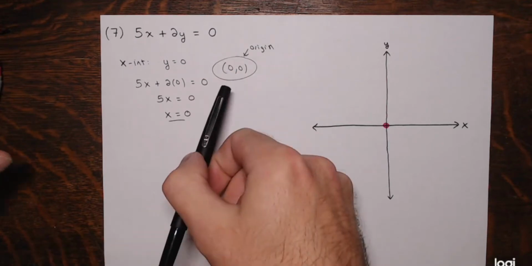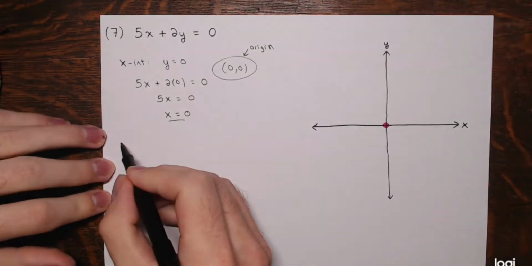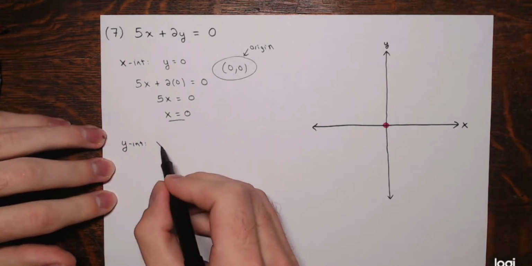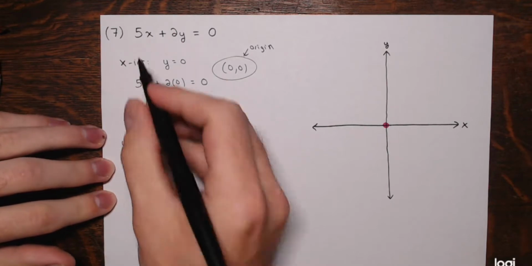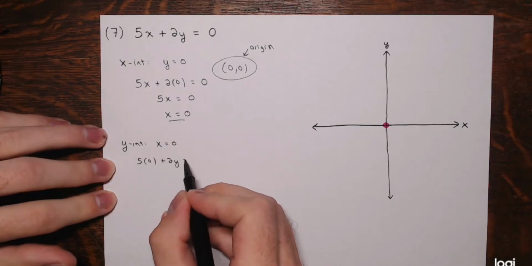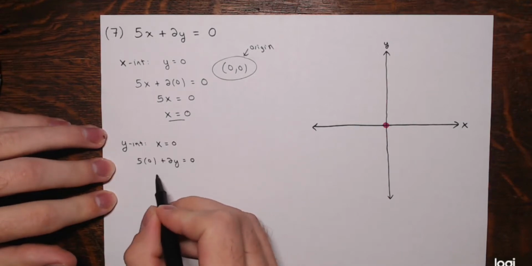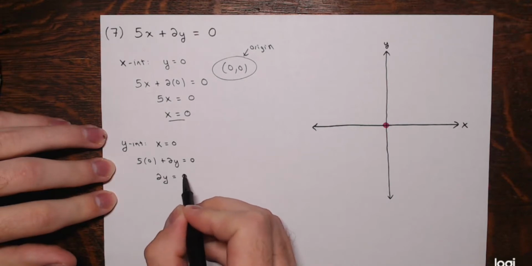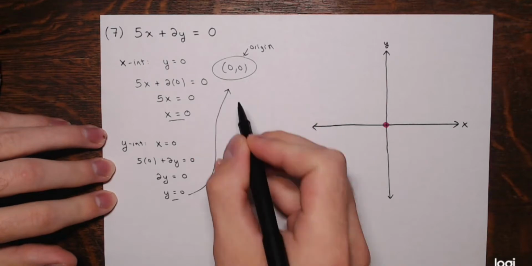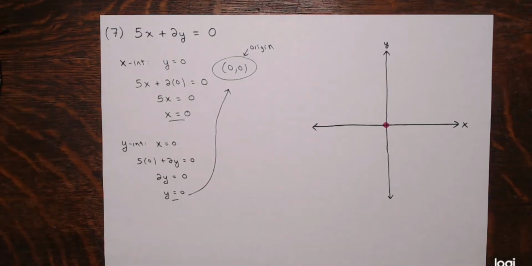So what we're going to see is this is also the y-intercept, right? Remember, for y-intercept, you replace x with 0. So, I'd have 5 times 0 plus 2y equals 0, and then left side is just 2y now. Divide by 2, you get y equals 0. Oh, look at that. So the origin is also the y-intercept.